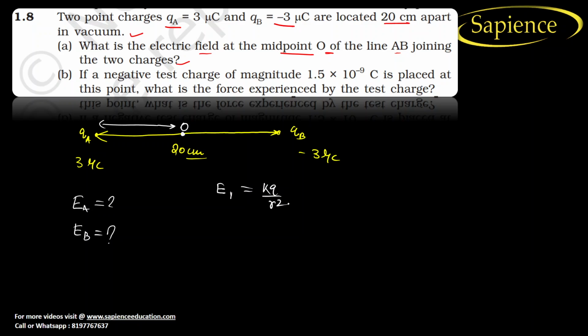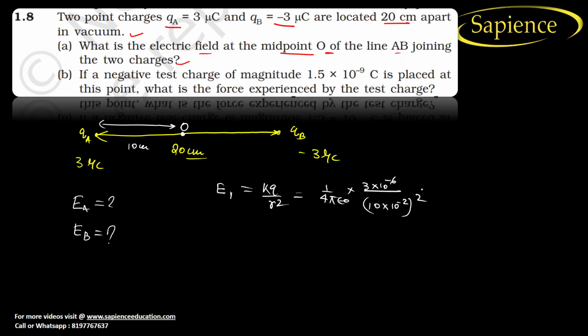K is 1 by 4 pi epsilon naught, into charge q. q is 3 microcoulomb, that is equal to 3 into 10 to the power minus 6, divided by r square. The distance is 10 centimeter, so this is basically 10 into 10 to the power minus 2, whole square.